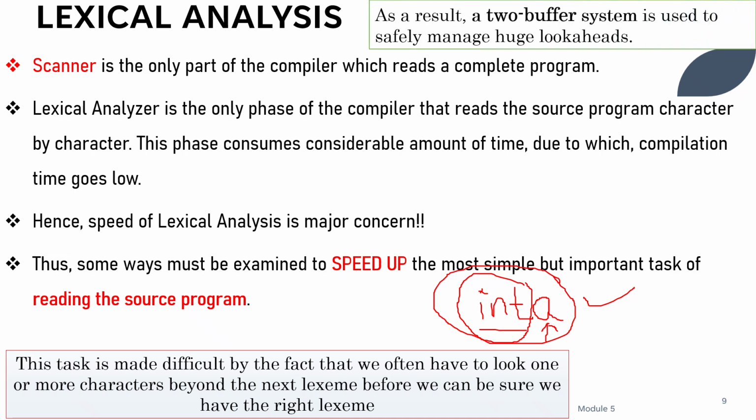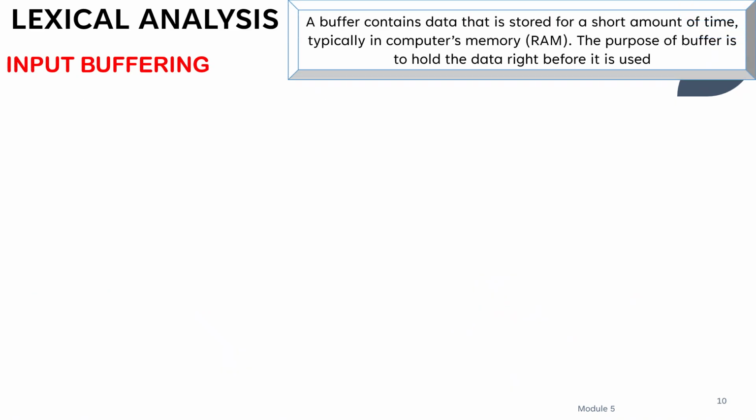Hence, a two buffer system is used to safely manage huge look ahead. So there is always a look ahead task associated before we categorize a group of characters into a specific lexeme. Let us understand this two buffer scheme. Input buffering. Before understanding what input buffering is, let us understand what a buffer is.